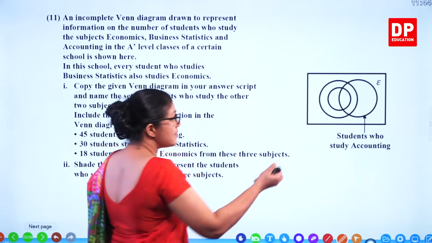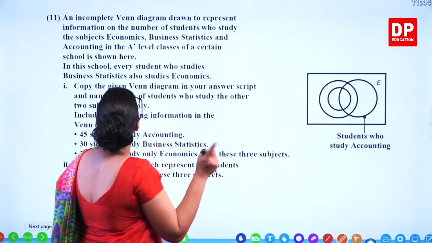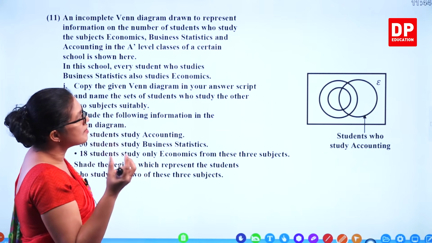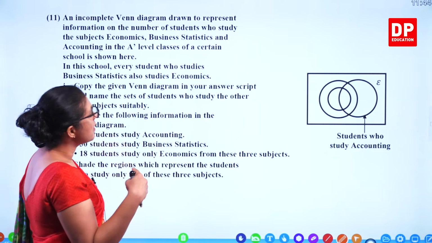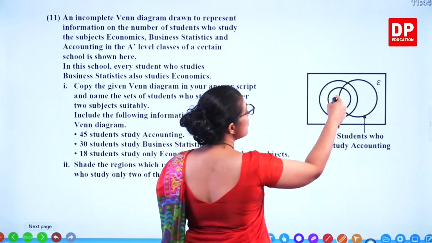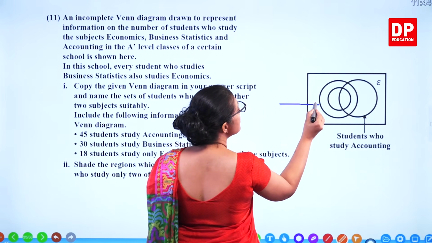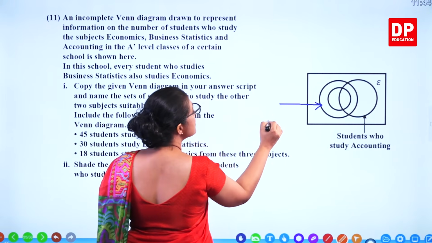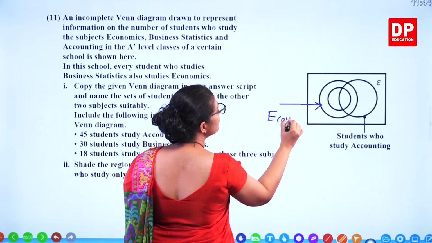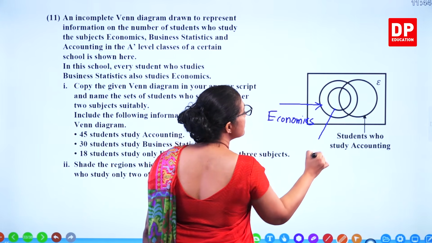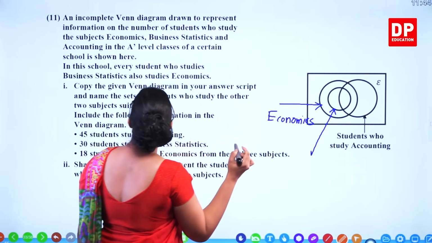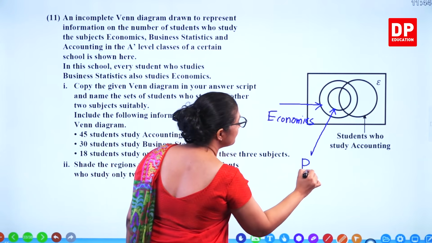So that means that's a subset. Business statistics is a subset of economics. So that means we know that this one is economics and this circle is business statistics.